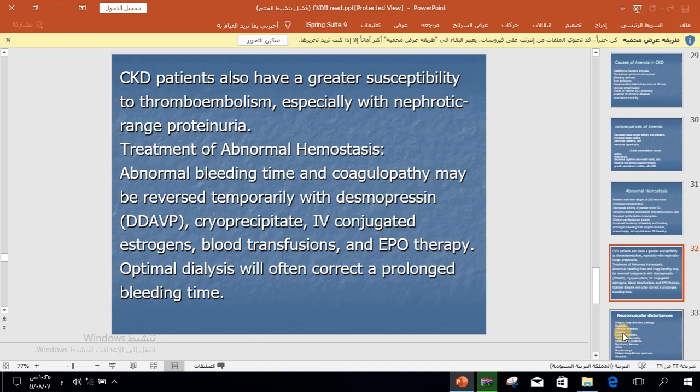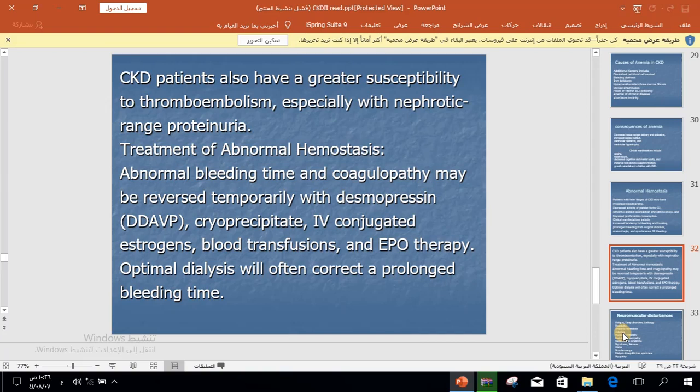In nephrotic range proteinuria, there is a loss of antithrombin 3, which is the main anticoagulant, and this leads to a disbalance between the coagulation system and the anticoagulation system. Because antithrombin 3 is lost, the coagulation function prevails, and this leads to thrombosis.